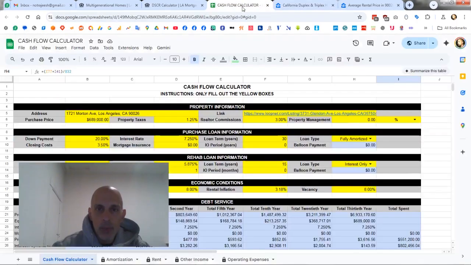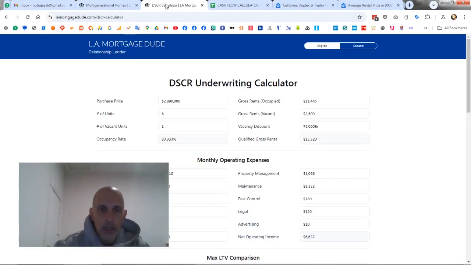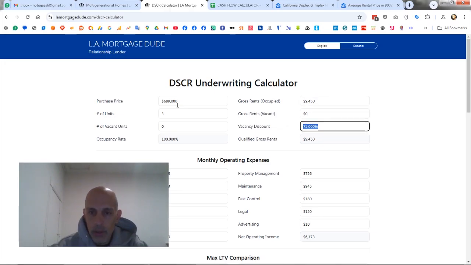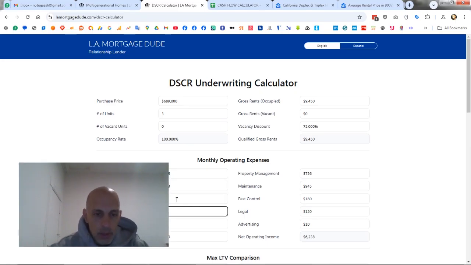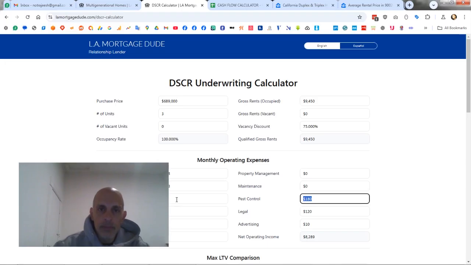Let me see what it looks like in terms of the DSCR underwriting calculator. So we said 689, 3 units, 0 vacant, 9450, gross rent 0. So property taxes, that's roughly correct. Let's say that's true. 0, 0, 0. We're zeroing out everything on.